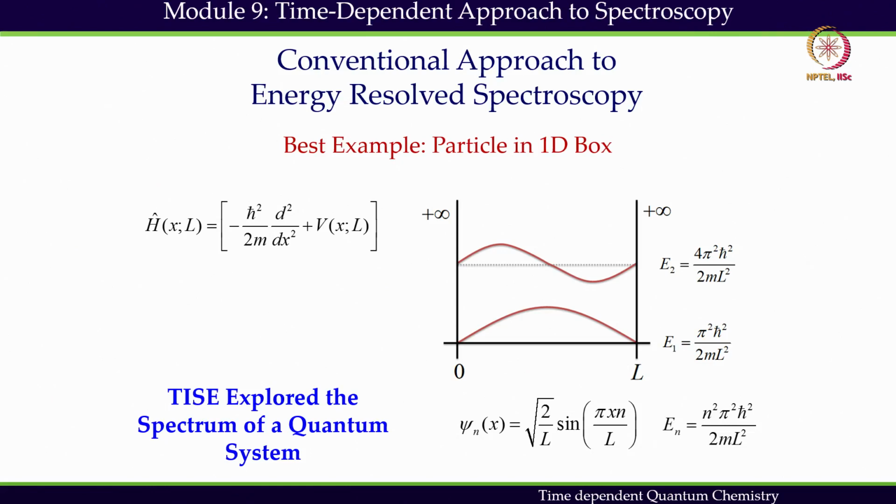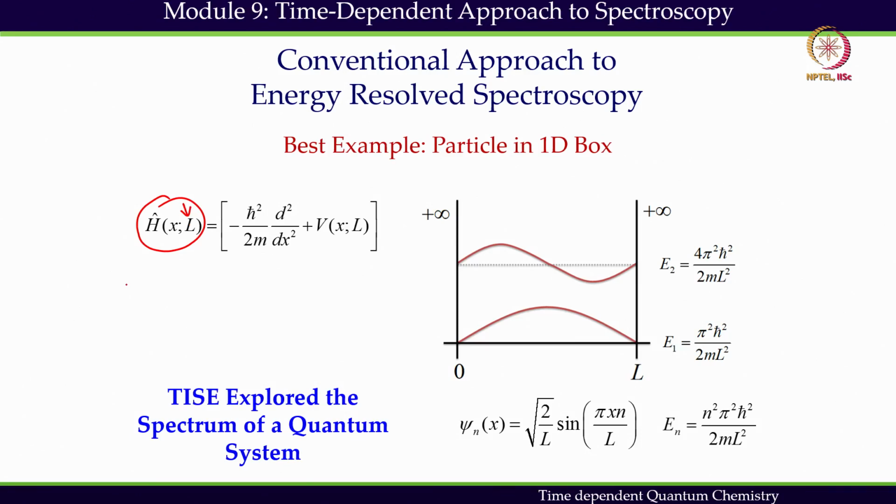We are very much familiar with the particle in a one dimensional box problem. We have been doing it for a long time, and in this problem the Hamiltonian is given by this, where more specifically we have written the parameter L. So, the parameter L controls the overall Hamiltonian, the potential which will be experienced.